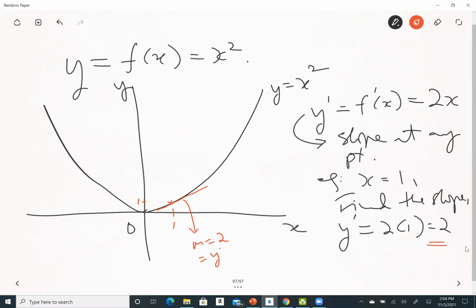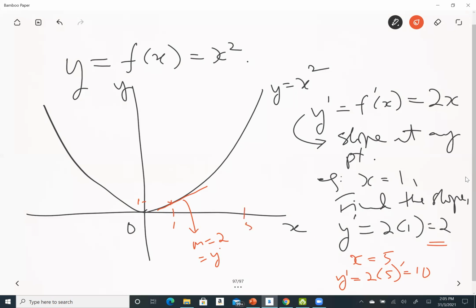Or dy/dx. Now, if I want to find the slope at x equals, say, 5, what is the value of y prime? 10. You get 2 times 5, that is 10. So the slope at x equals 5 is 10.